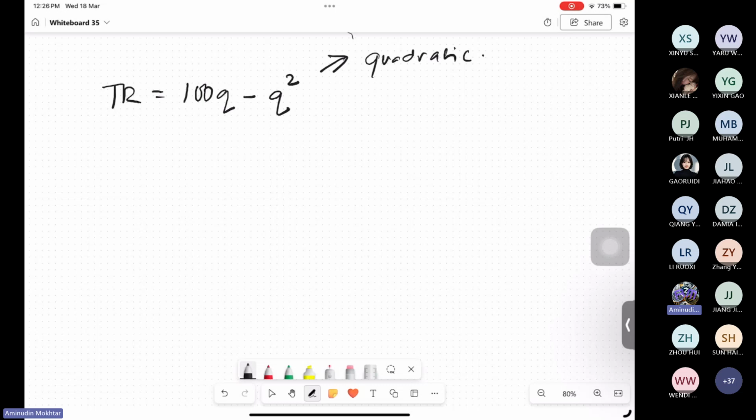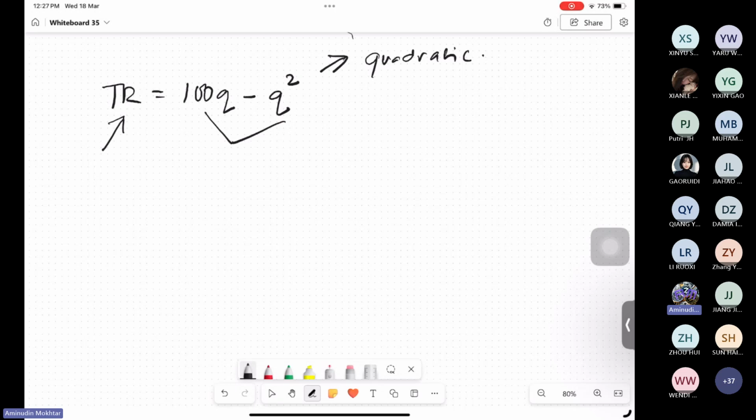Again, we have two variables here, TR and Q. For Q we have Q and Q squared, but it's still Q. The base is Q. That's why we can say this is a function in economics.